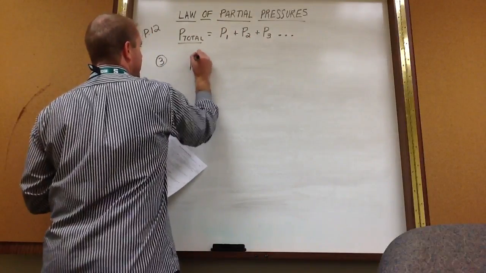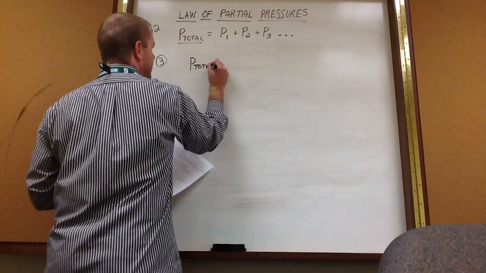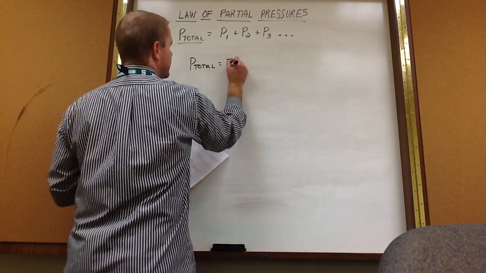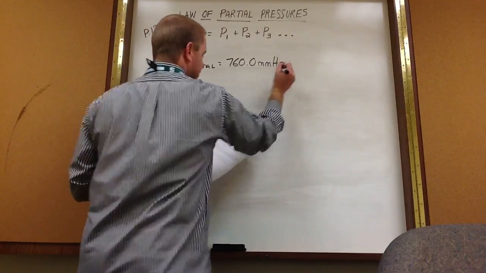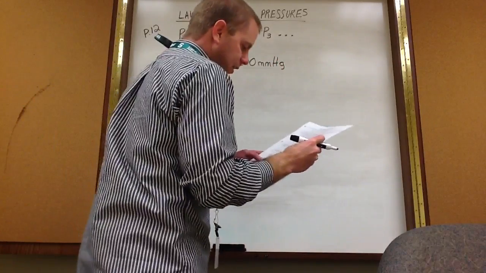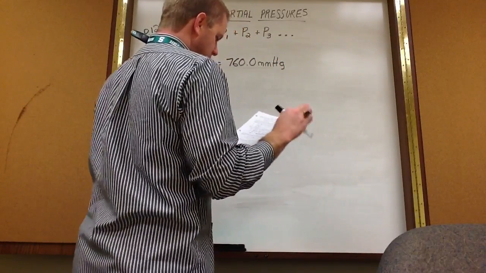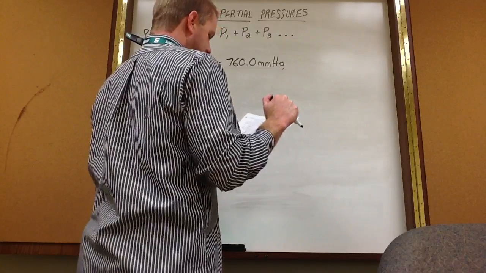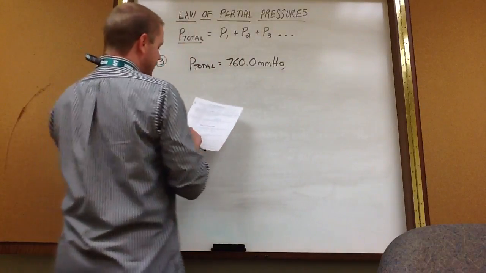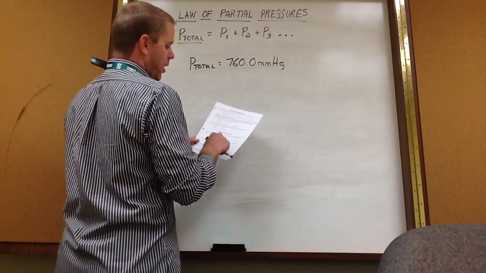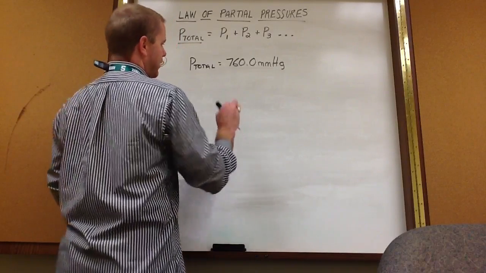Well, the atmospheric pressure, I'm telling you the P total, and that is 760.0 millimeters of mercury. Then I furthermore tell you I have 60 liters of nitrogen over water, and the vapor pressure of water is 55.3.